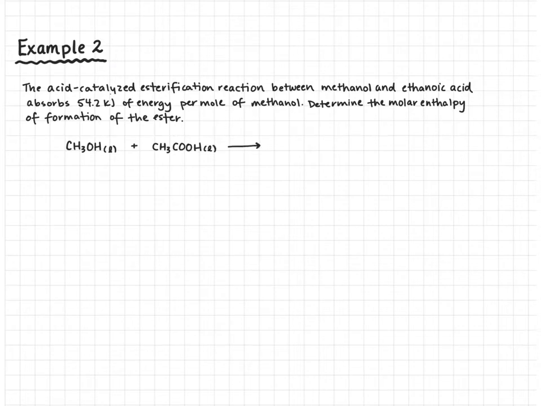The presence of a catalyst does not change the enthalpy of the reaction, which we'll learn in a later lesson. So when these two react, an esterification reaction creates an ester. So we'll have CH3COOCH3 plus water. And the water will be liquid.